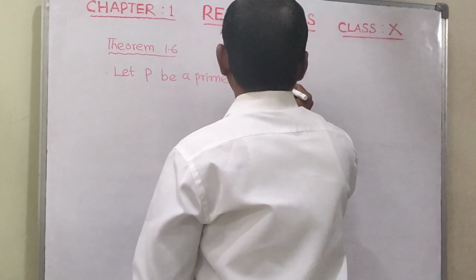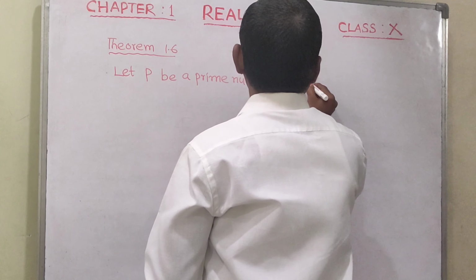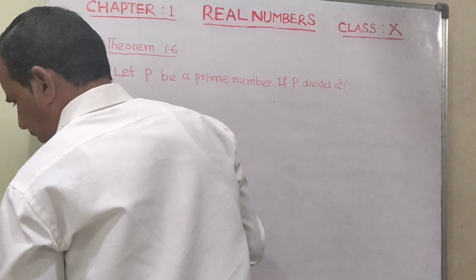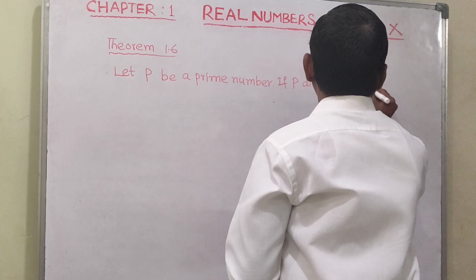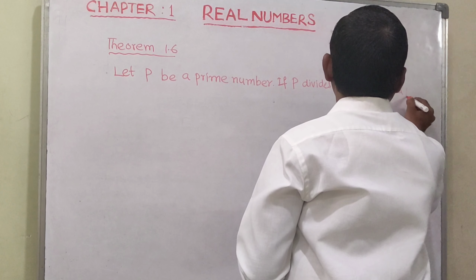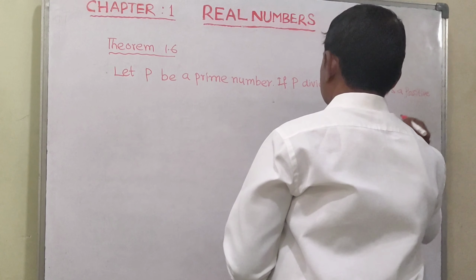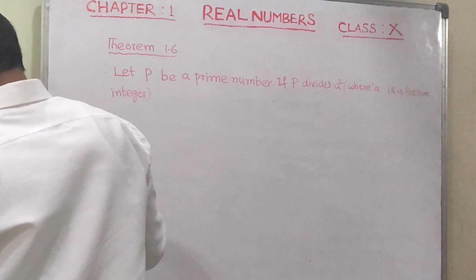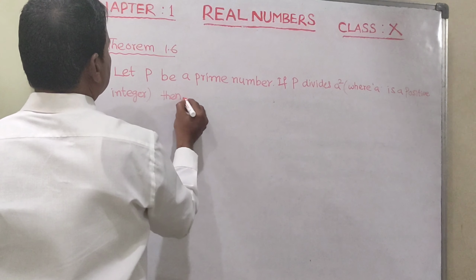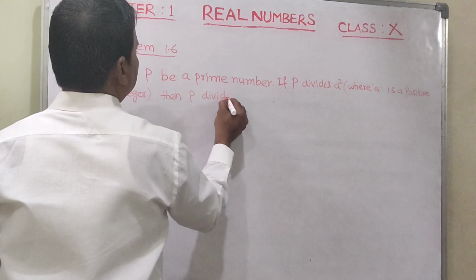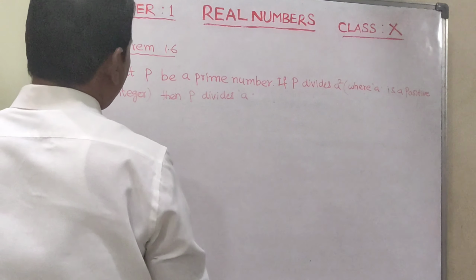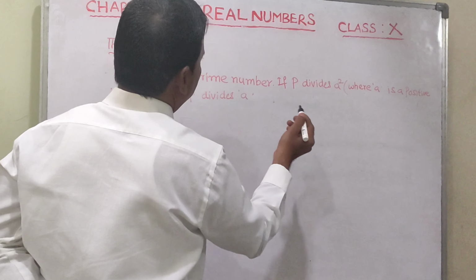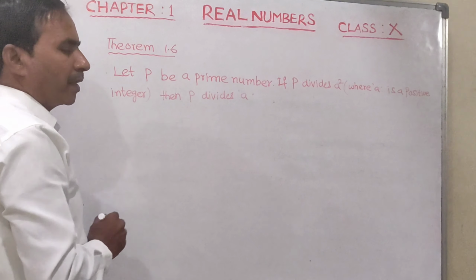If p divides a square, where a is a positive integer, then p divides a. We have to show that p divides a.